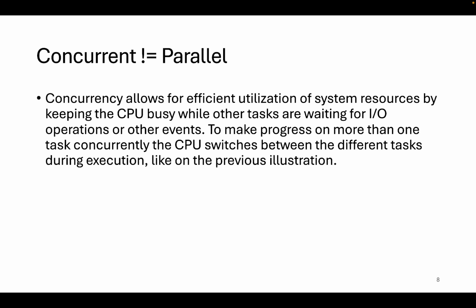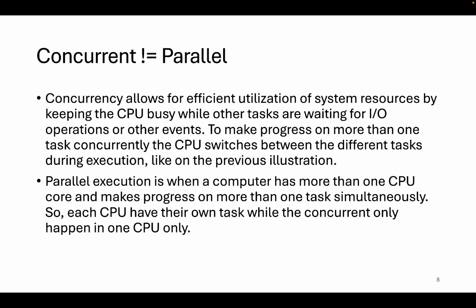To make progress on more than one task concurrently, the CPU switches between the different tasks during execution, like in the previous illustration. But parallel execution is when a computer has more than one CPU core and makes progress on more than one task simultaneously. So each CPU has its own task, while concurrency only happens on one CPU.